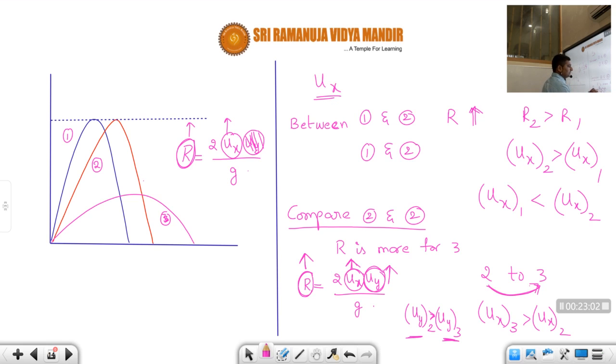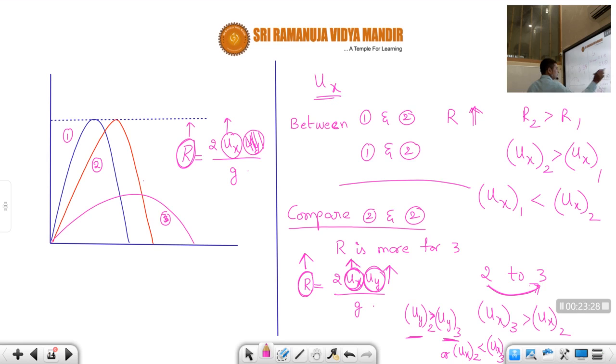Should Ux increase or decrease? If it decreases, range will decrease, because this component is in the numerator when you multiply. So if the range has to increase, the Ux component should increase. So Ux of 3 is greater than Ux of 2, or we can write Ux of 2 is less than Ux of 3.